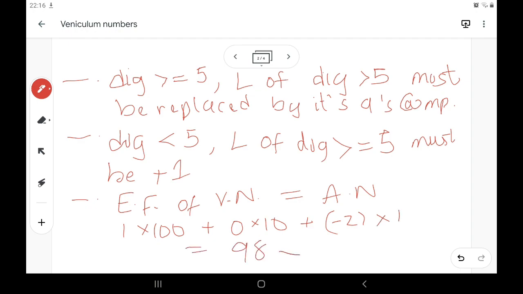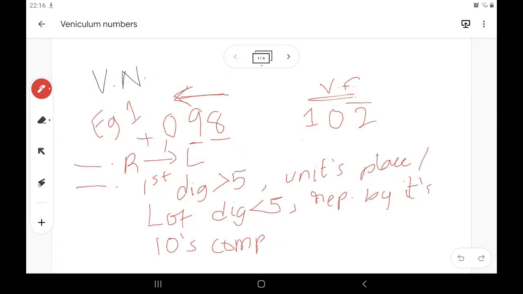That is our actual number. So hence 102 bar is the Vinculum number of 98. So it's pretty simple, right?